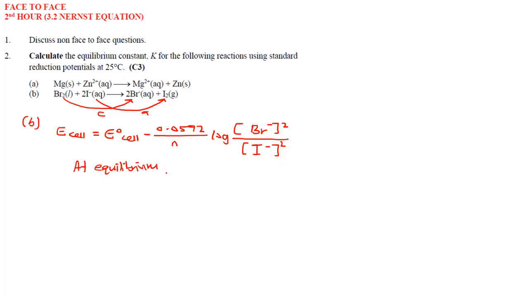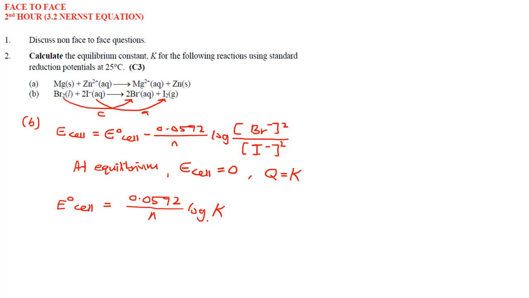At equilibrium, our cell potential, E cell, is equal to 0, and this concentration of ion product over reactant, our Q, we equate it with K. So we rewrite again, and we are left with E0 cell equal to 0.0592 over n log K.